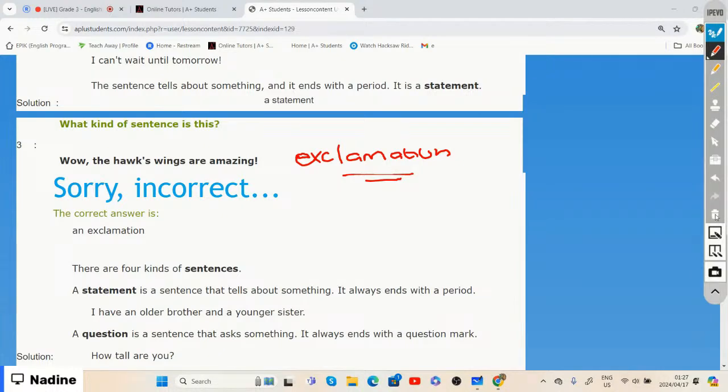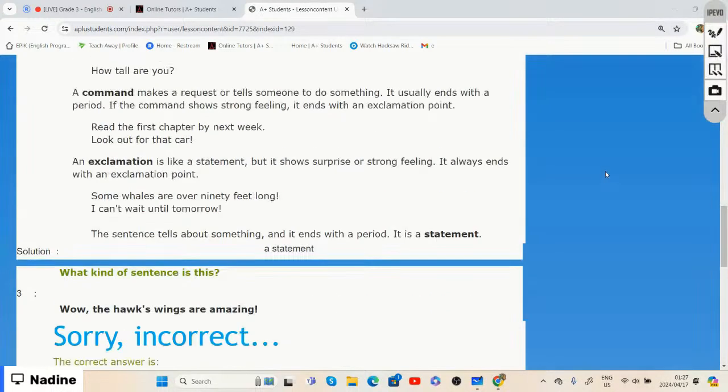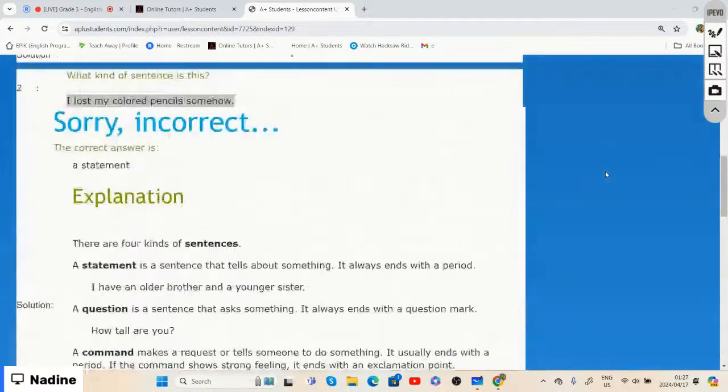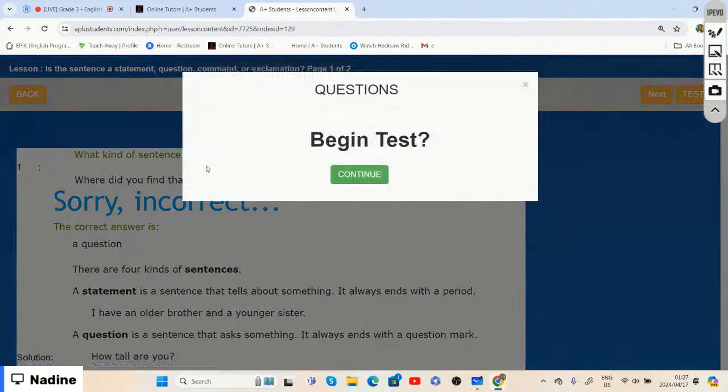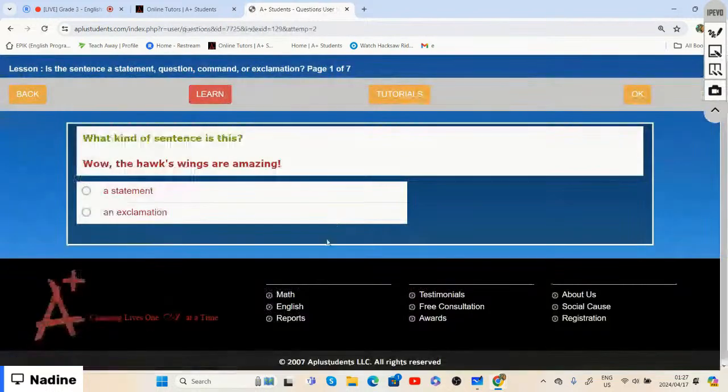So now we're gonna go on to our test, and we're going to say, is a sentence a statement, is it a question, is it a command, or is it an exclamation? So we're going to our test. All right, so what kind of sentence is this?